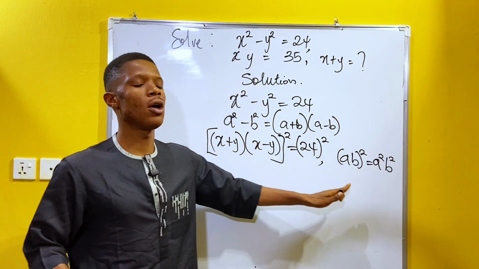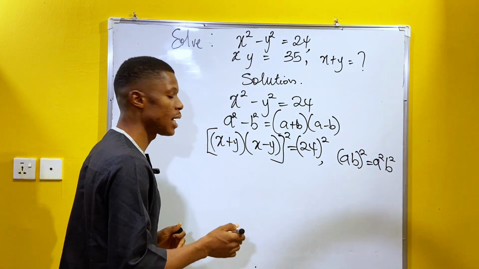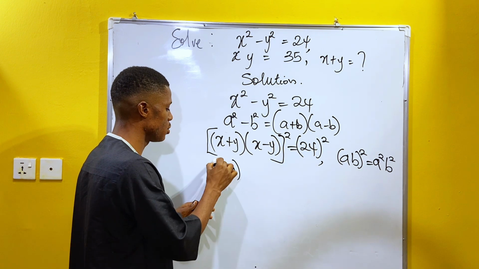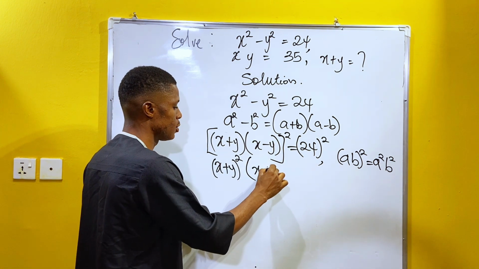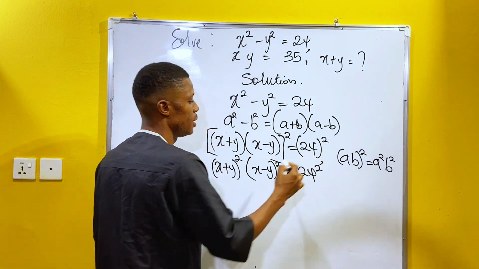This is the law of exponent. So if we apply it here, we have x plus y all squared, into x minus y all squared, is equal to 24 squared.